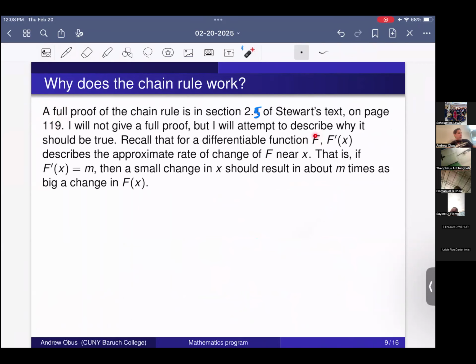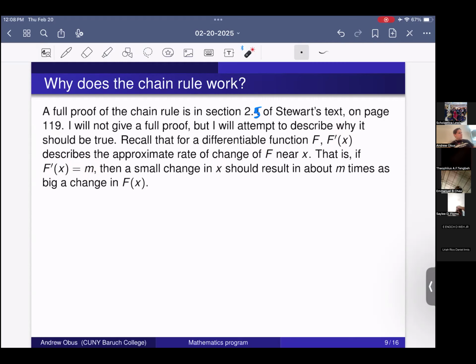Remember that if you have a differentiable function, the derivative means a rate of change. This is why calculus has applications, because calculus is about how things change. The derivative is an approximate rate of change. So if f prime of x is some value m, then a small change in x should result in about m times as big a change in f of x.